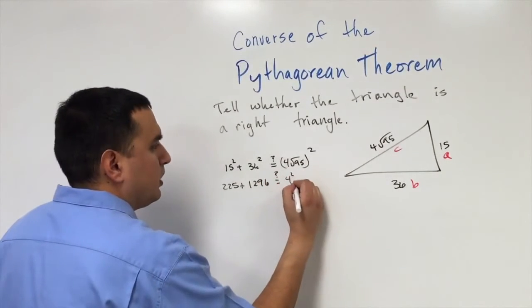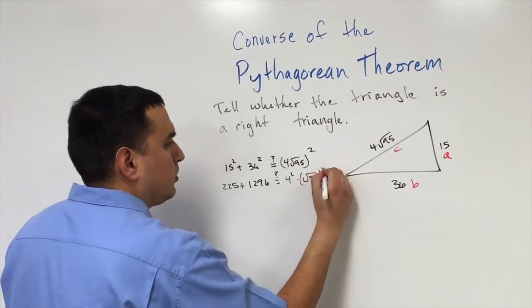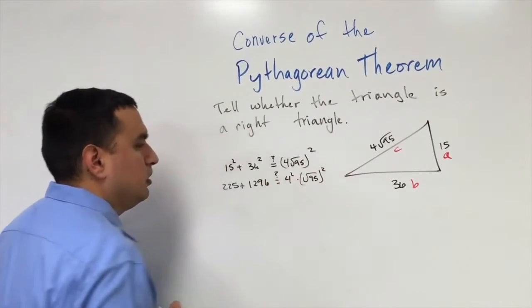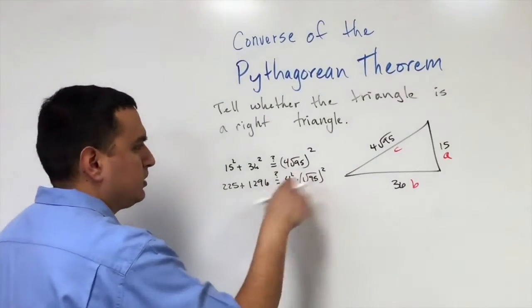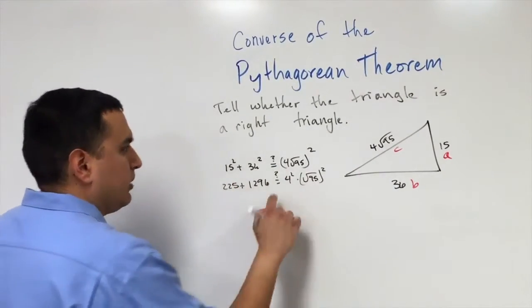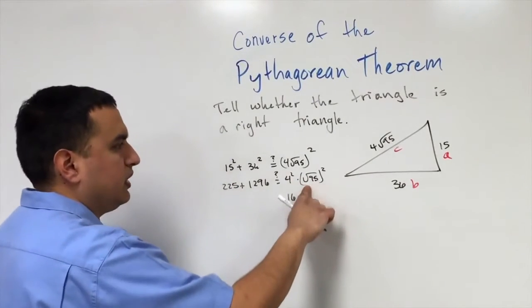Now for this one, I'm going to separate it out. I'm going to do 4 squared times the square root of 95 squared. I separated that out so that the math will be easier in my head. 4 squared is 16 times the square root of 95 squared.